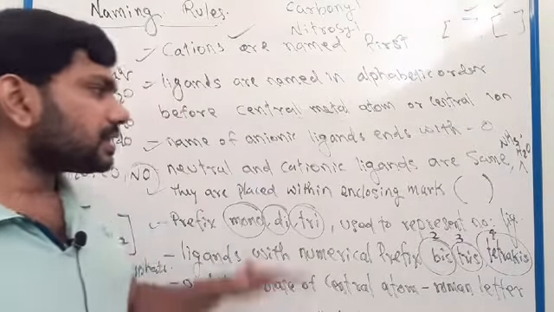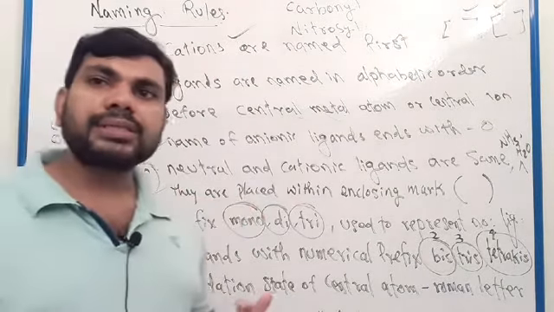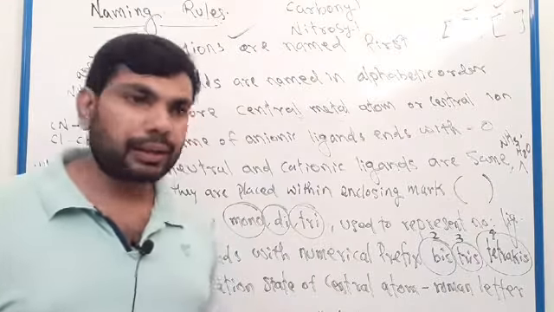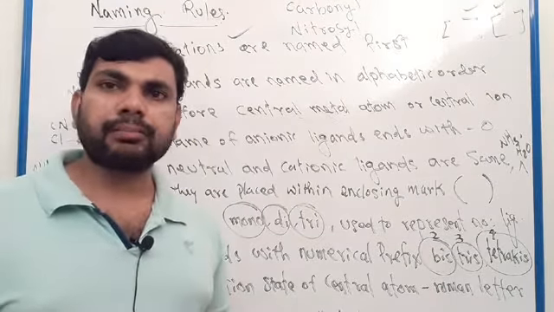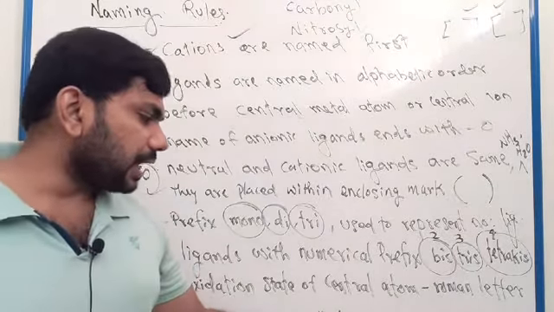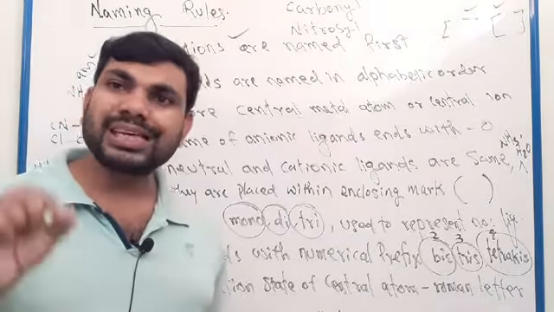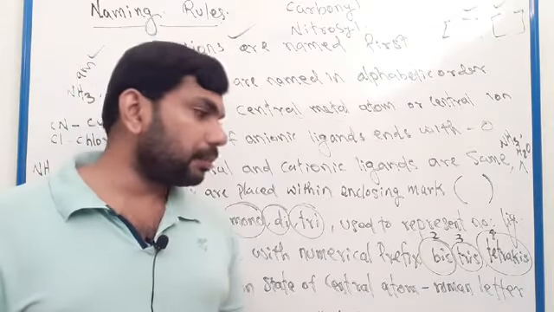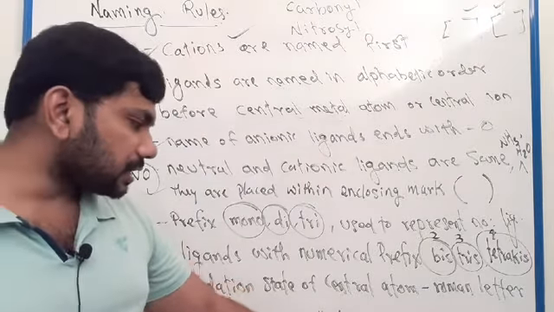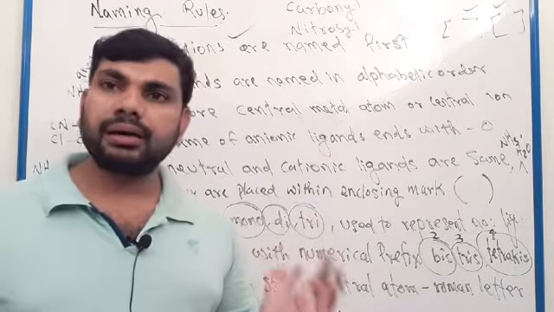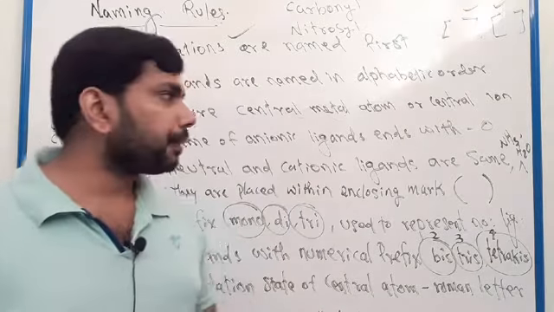Also this central metal atom has some oxidation state. Oxidation state means charge of the central metal atom. This charge we represent using Roman numerals, included in a curved bracket. Clear?